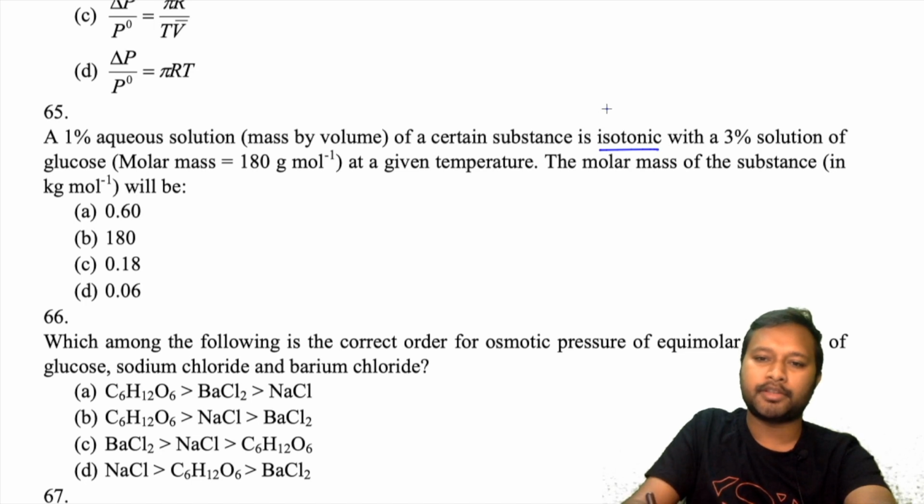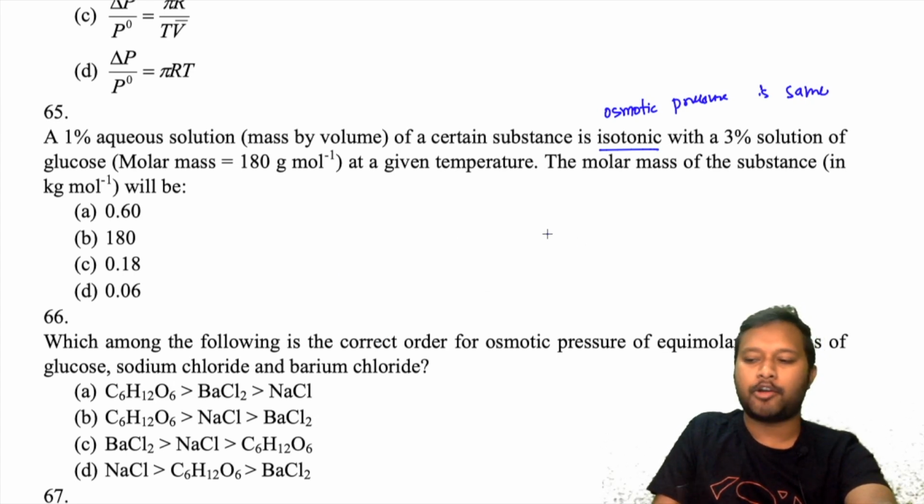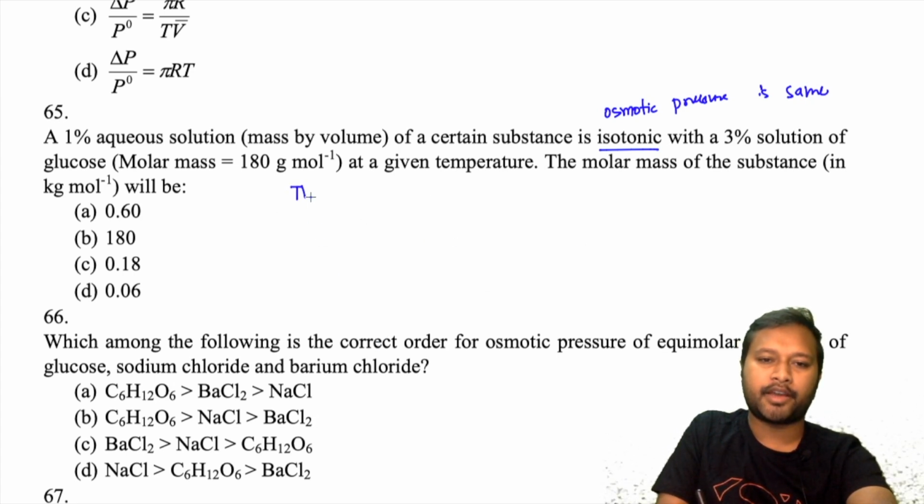So isotonic means the osmotic pressure is the same. Okay, osmotic pressure is the same for them. Alright, now we can do this. If I have pi 1 and pi 2 as the osmotic pressures of the two of them, pi 1 will be equal to pi 2. Pi is equal to CRT, so C1RT is equal to C2RT.